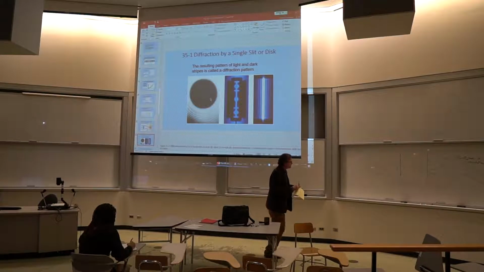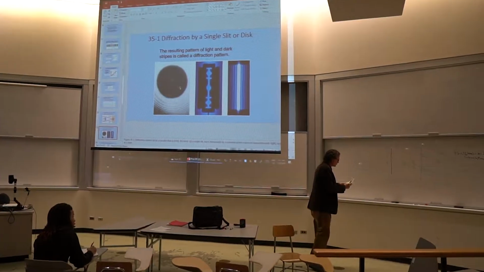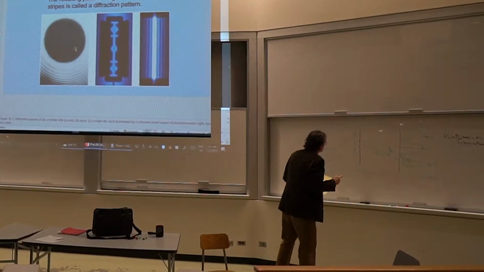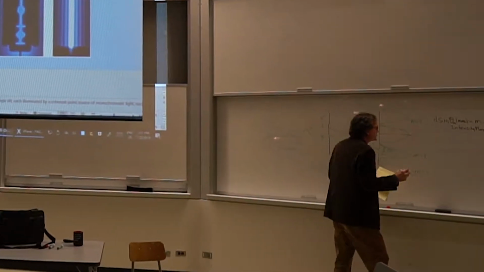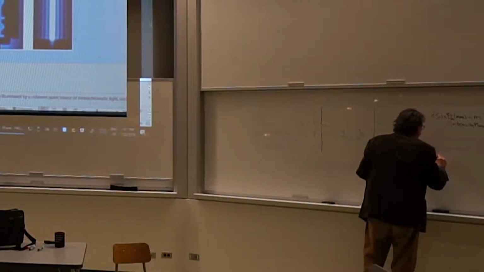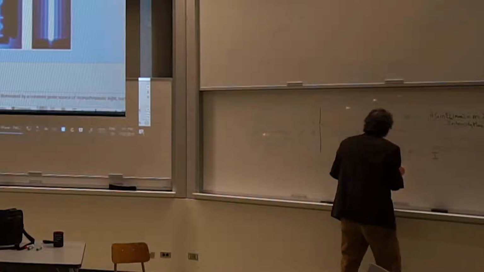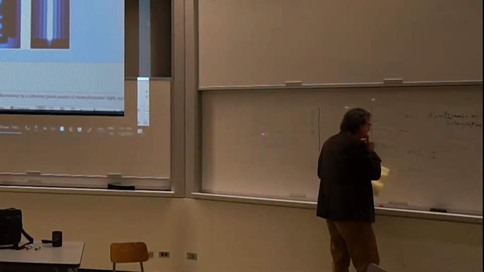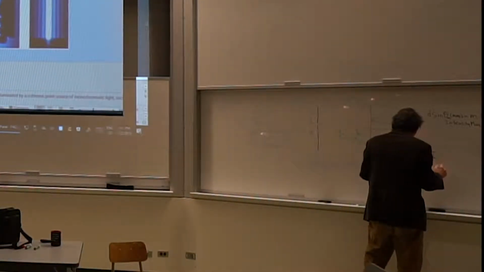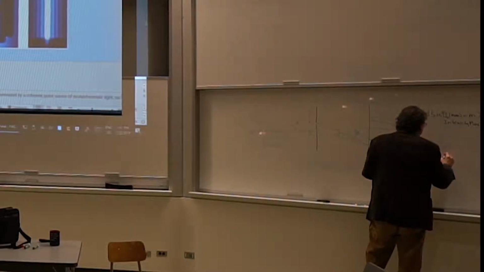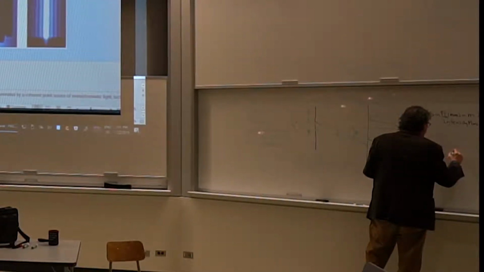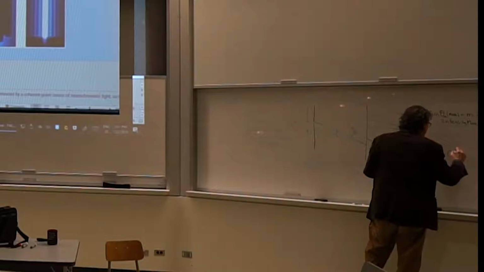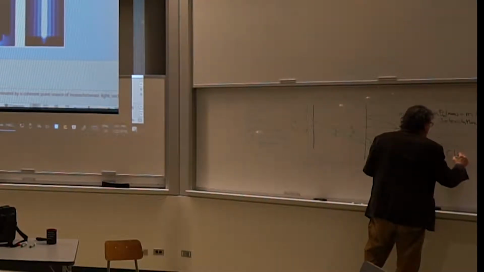So this intensity I of theta that we're trying to derive, we said last time, we're going to use a property of Maxwell's equations that says that the intensity of the light on a distant screen is proportional to the magnitude of the electric field squared.